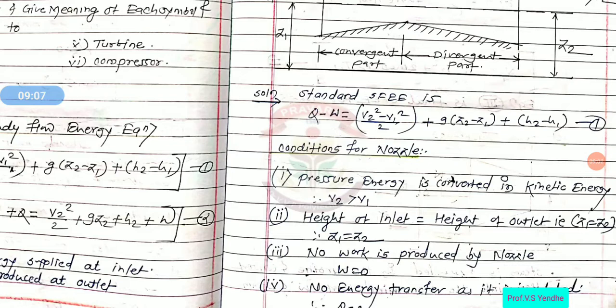The logic is that when there are rotating parts in any type of device, there may be a chance of production of mechanical work. A nozzle is a steady, static device with no rotating parts, so no work is produced, so W is equal to 0.